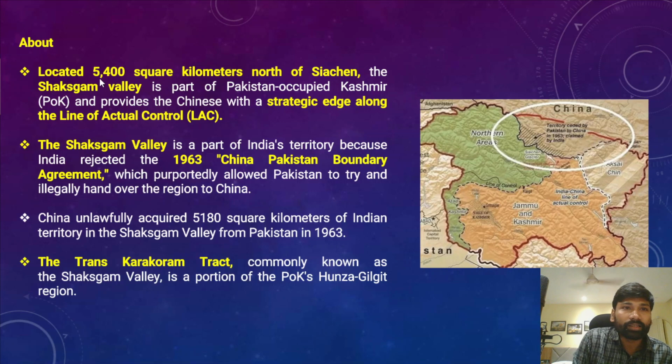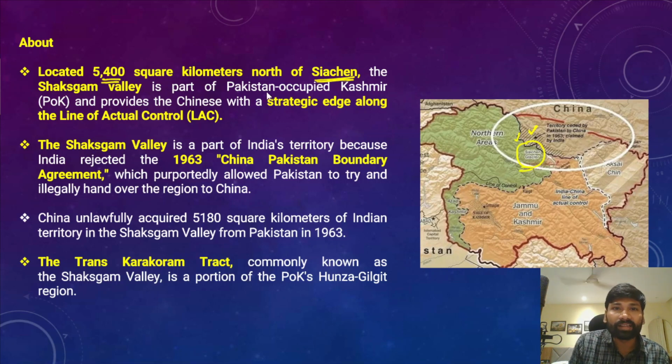In fact, this Shaksgam Valley is located 5,400 square kilometers north of Siachen. You can see here, this is the Siachen Glacier, and Shaksgam Valley is located north of the Siachen Glacier. Please understand, UPSC earlier asked a question with respect to the location of the Siachen Glacier. So please understand the Shaksgam Valley and the location of the Siachen Glacier.